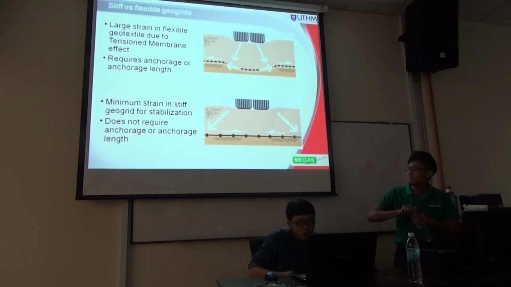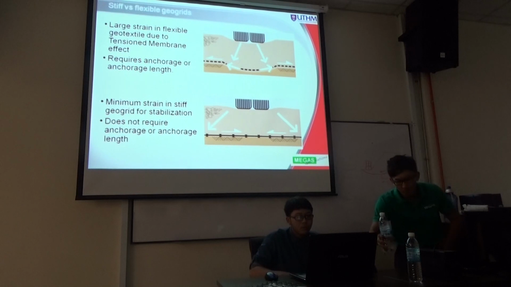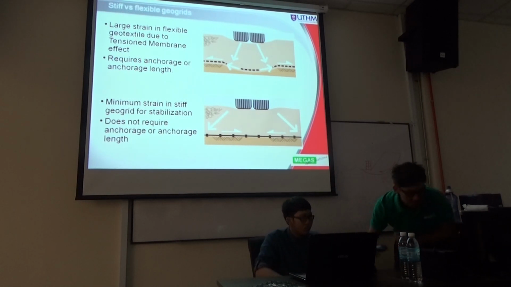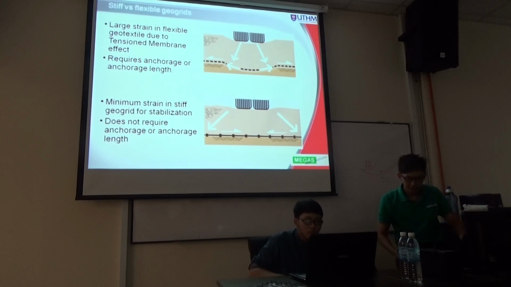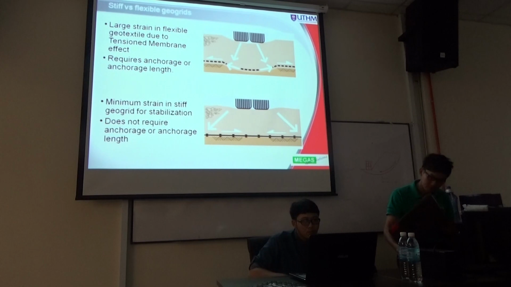So in this slide, I try to explain again the difference between the tension membrane effect and the interlocking mechanism. This is where your synthetic material or high strength textile has a very good strength. But this strength you have to achieve with elongation. That's why we call it tension membrane.